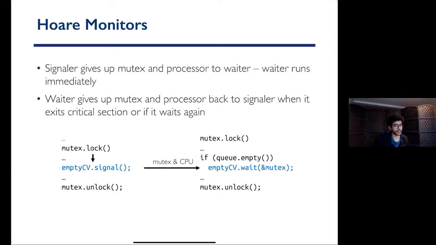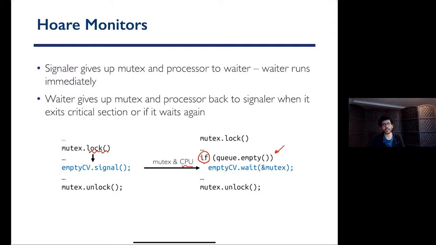Remember that the one who is sending a signal has locked the mutex. Now we grab the mutex from this thread and give it to the other one, and we start running it immediately. In this case, you really don't need to check again, because whatever event you were waiting for has happened, and atomically we have context switched to you.